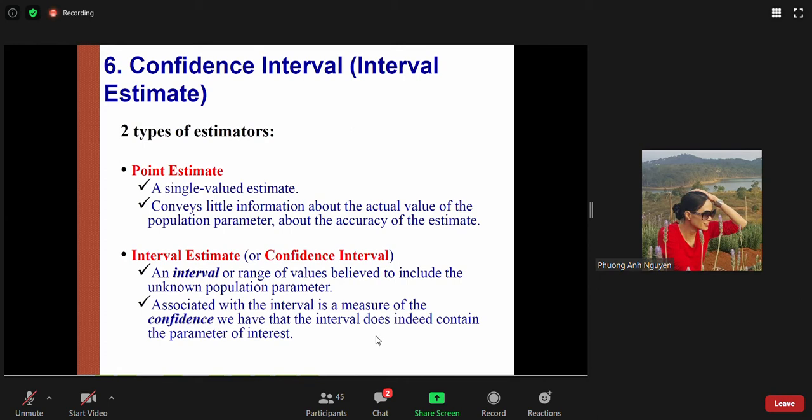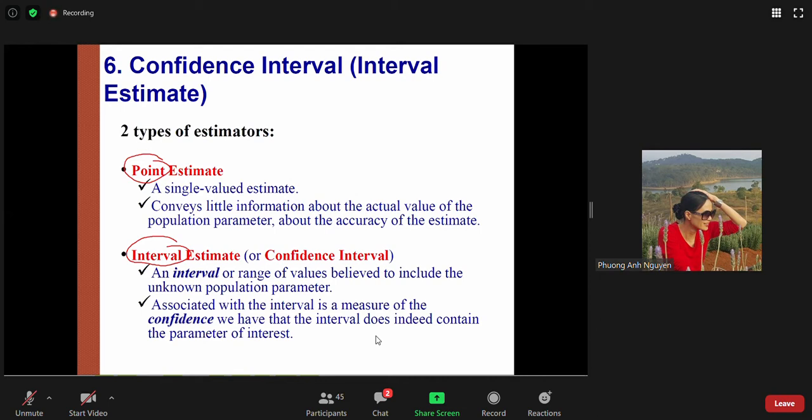Let's work with the confidence interval, or the interval estimate. Basically there are two types of estimates: point estimate and interval estimate. By definition, a point estimate gives you a single value estimate.